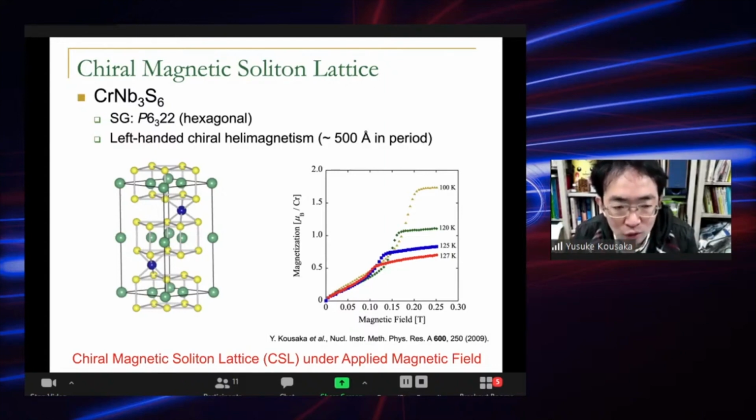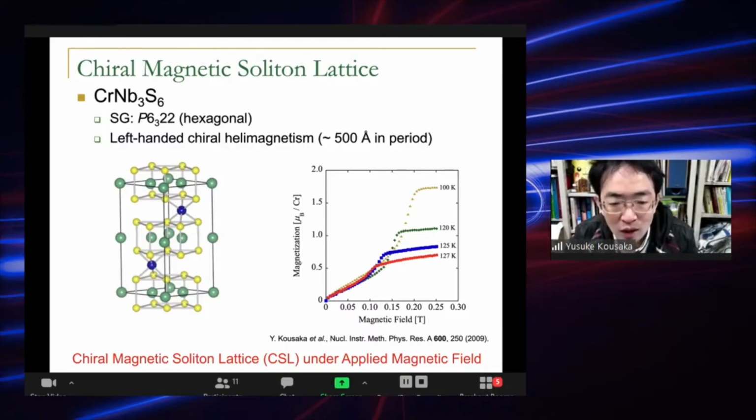This compound was first reported as a ferromagnetic compound in the 1980s, but after detailed, precise experimental measurement, it was shown that it cannot be a simple ferromagnet, but forms a long-periodic chiral helimagnetic structure. This is an interesting point.